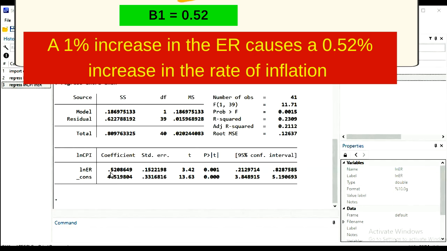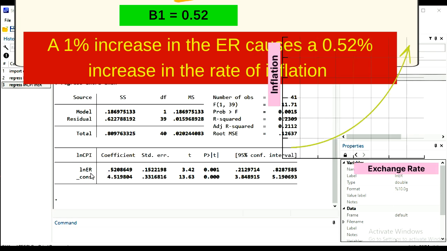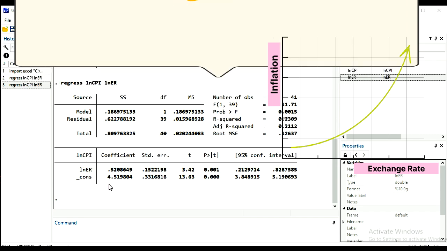That suggests evidence of a positive relationship between the two variables, exchange rate and inflation. The estimated coefficient is positive, so the effect of the exchange rate on inflation is positive. That means when the exchange rate increases, inflation also increases.